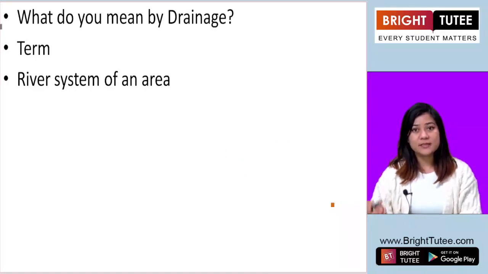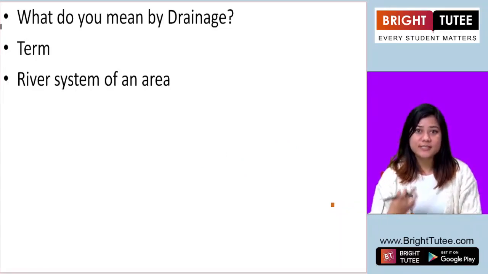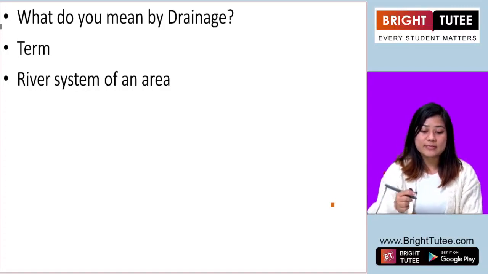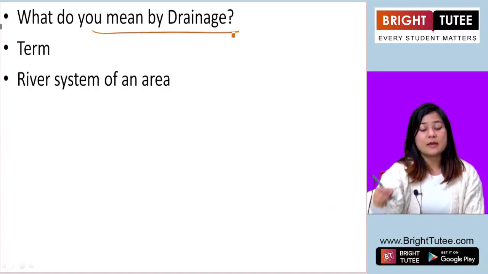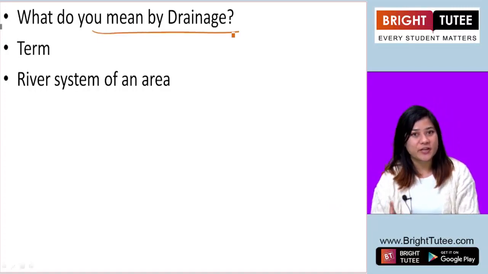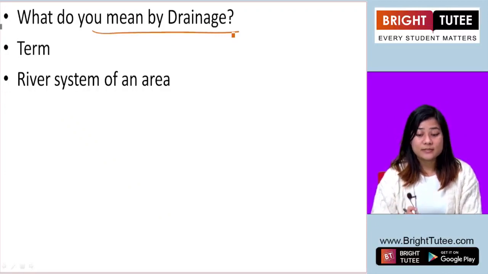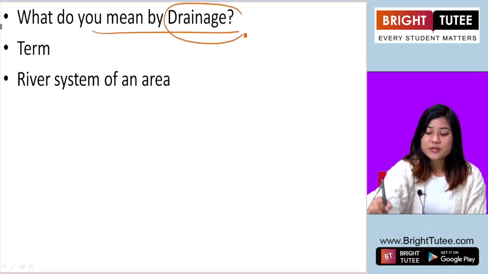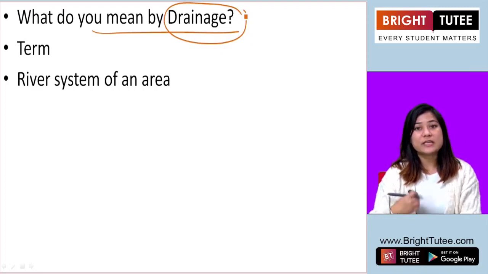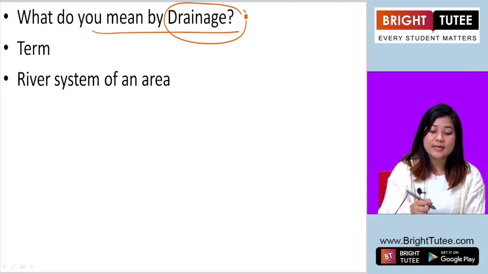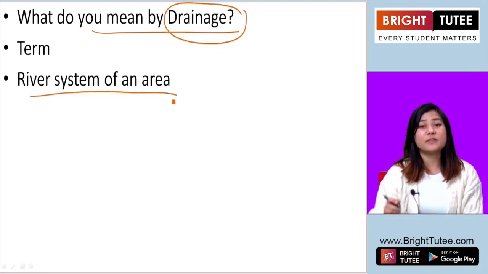Now the first thing that we have to know is what we mean by drainage. It's not drain. This term drainage is used to indicate or understand the area of a river system.